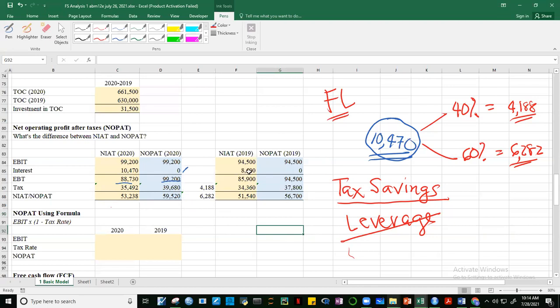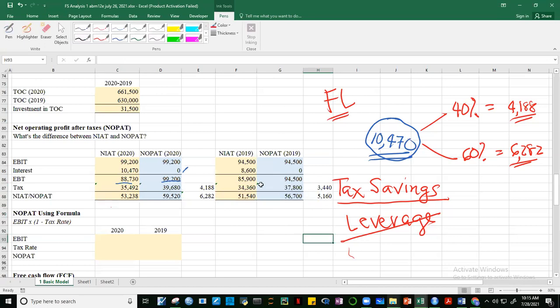Okay? Ganun din dito, guys, no? 8,600. Ilan yung lamang dito ng interest expense? Okay, so mas malaki yung tax na babayaran ni NOPAT, no? Okay? Tapos okay.